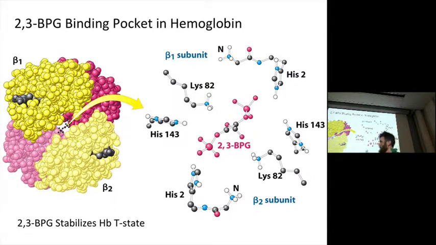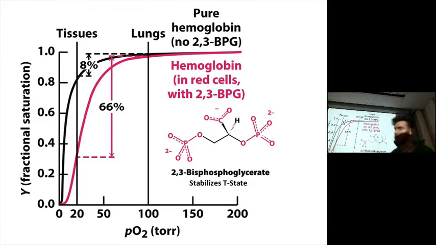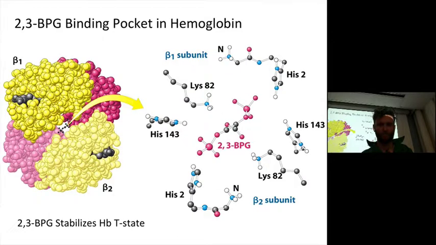When it does that, it preferentially stabilizes the T state, and shifts the binding curve that we see in purified hemoglobin away from the R state a little bit towards that T state curve, which was over here. And we get the saturation curve that's observed in vivo.